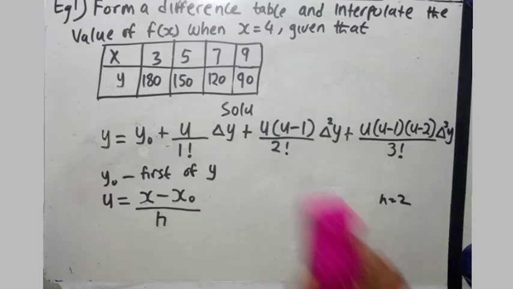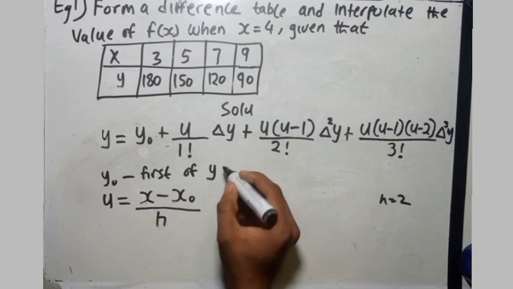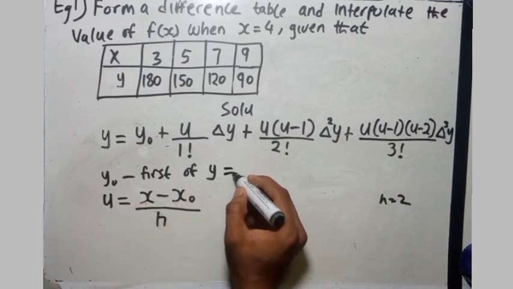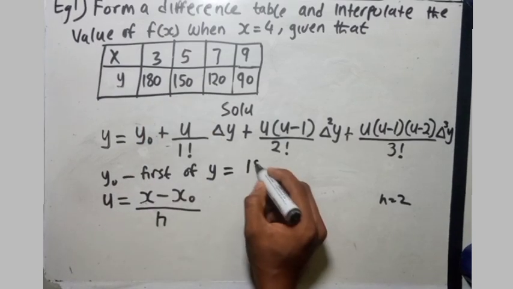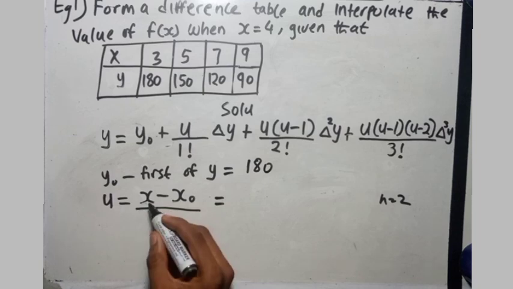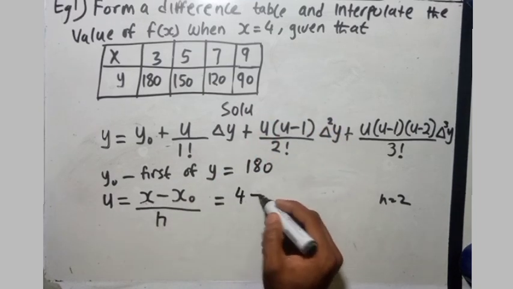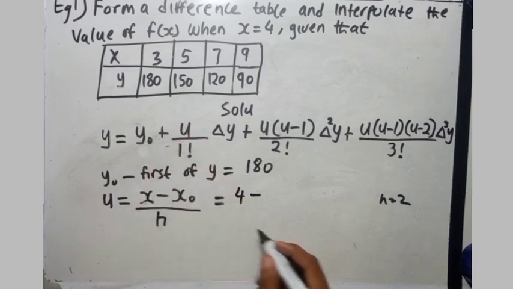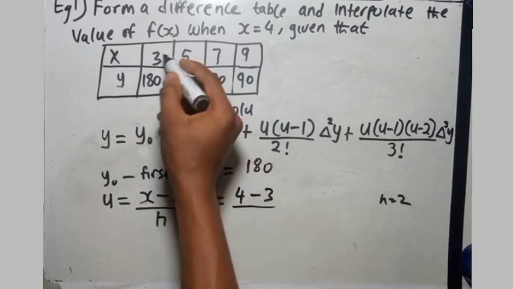Now for us to get the change in y, we need a difference table. But first, let us get what our u is. Our y0 is what? 180. We know this. Now for our u, the value we are asked to find is what? 4. And we will be subtracting it from what? The first value of x, which is 3.